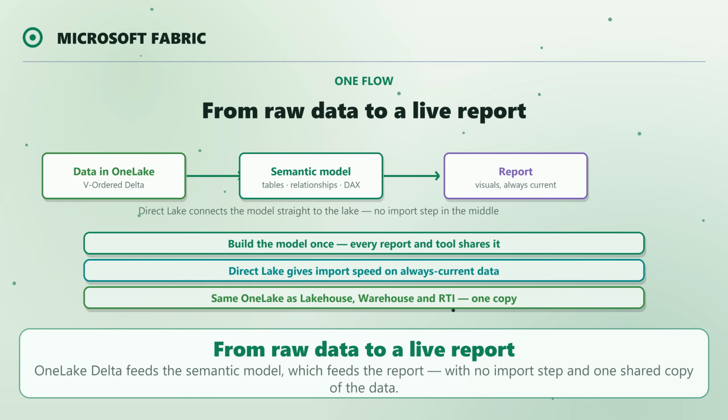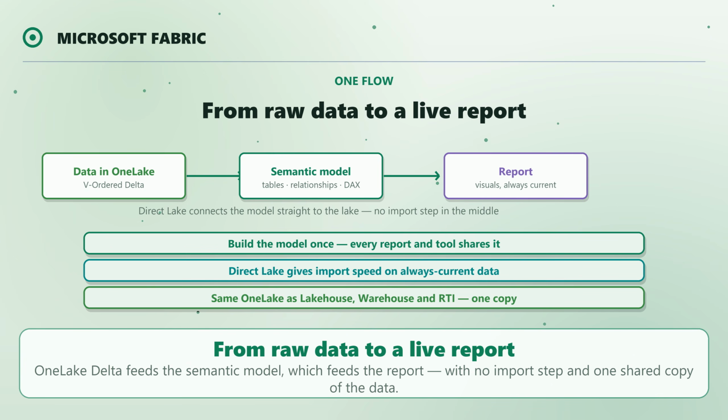Your data sits in OneLake as V-Ordered Delta, written by your Lakehouse, Warehouse, or real-time streams. A semantic model in DirectLake mode points straight at it, adding the relationships and DAX measures that turn columns into business logic. And a report reads that model, showing visuals that are always current. Three steps, and notice what's not there. No import step, no refresh job, no separate BI copy of the data in the middle.